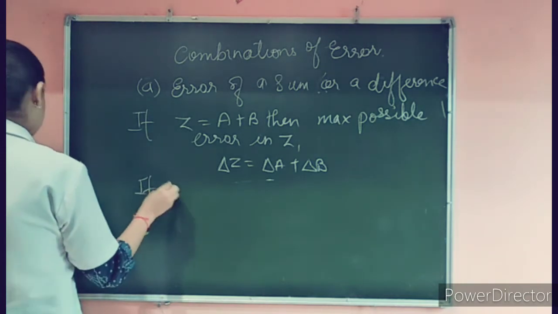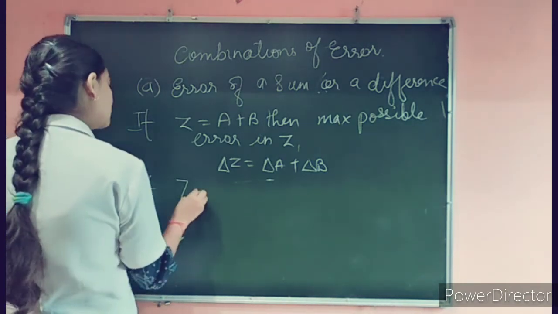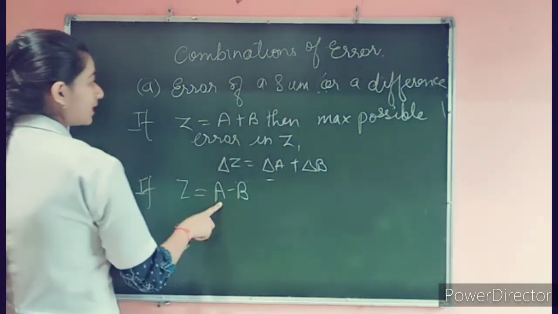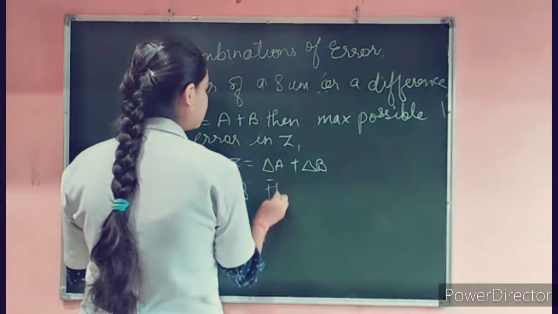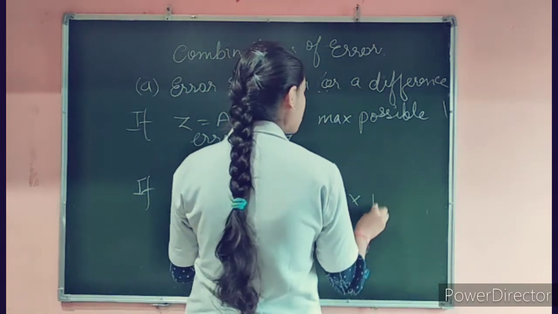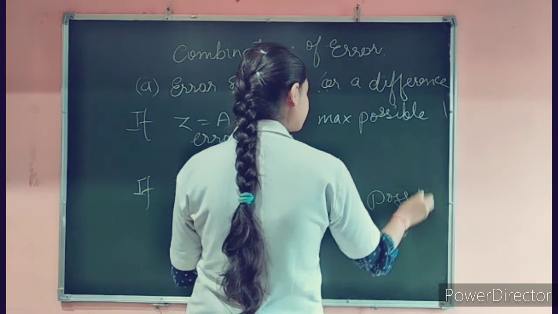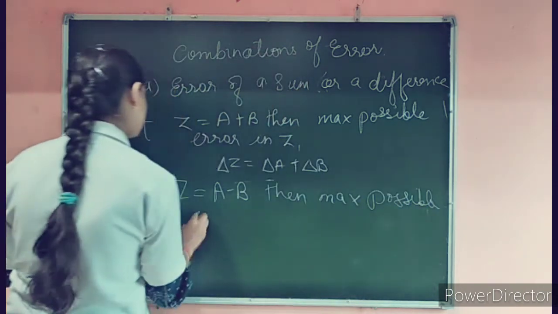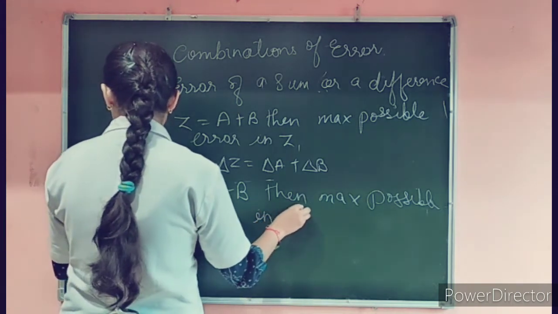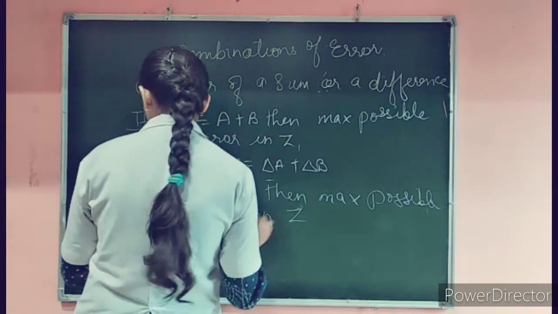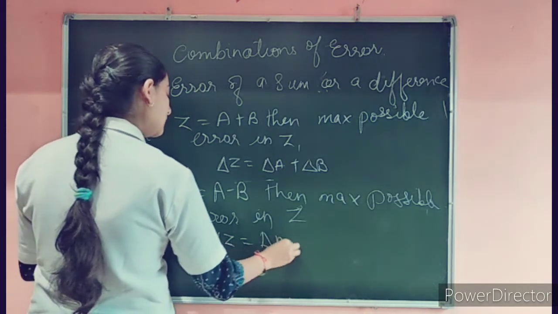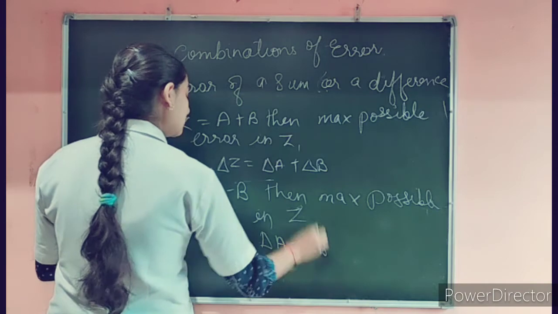Now, if we take z is equal to a minus b, a difference, then the maximum possible error in z will be del z is equal to del a plus del b.